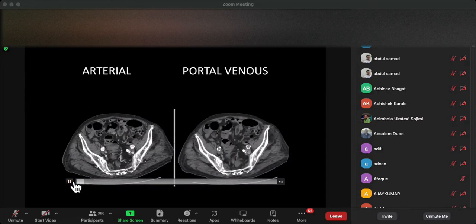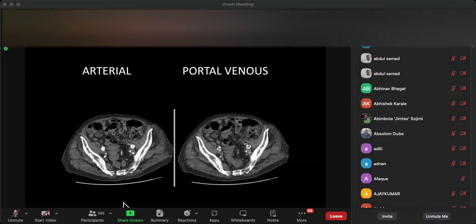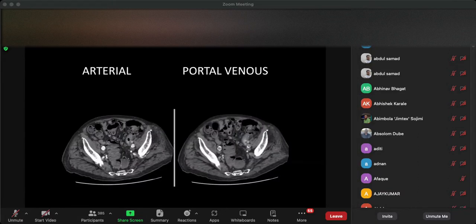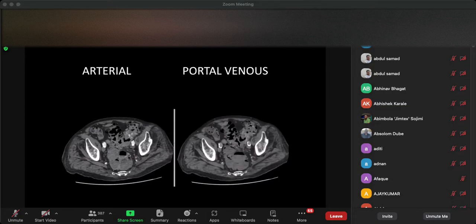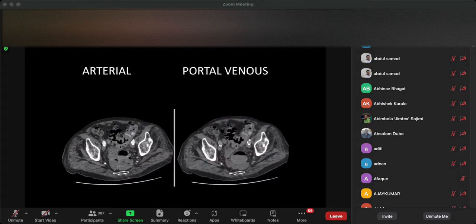There's another patient who's got rectal bleeding. And you can see that there is contrast in the sigmoid colon, which is more prominent during the arterial phase than the portal venous phase.